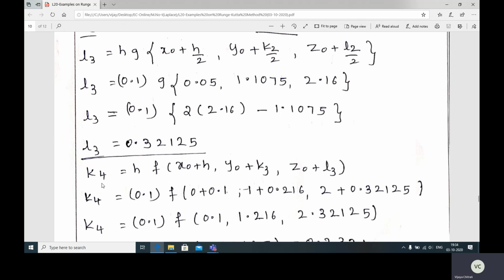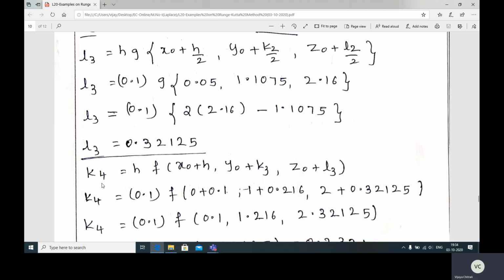So K4 is equal to h into f of x naught plus h, y naught plus K3, z naught plus L3. So K4 is equal to 0.1, h is 0.1 into f of x naught plus h, 0 plus 0.1, y naught plus K3, 1 plus 0.216, z naught plus L3, 2 plus 0.32125.